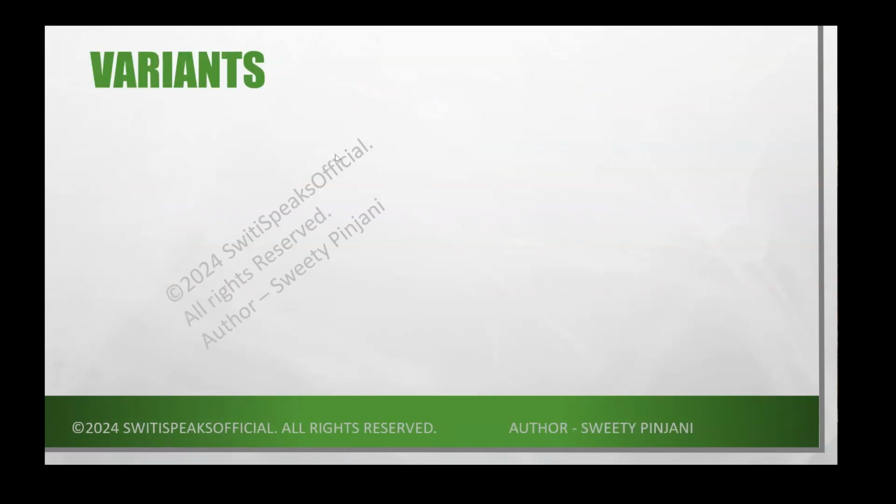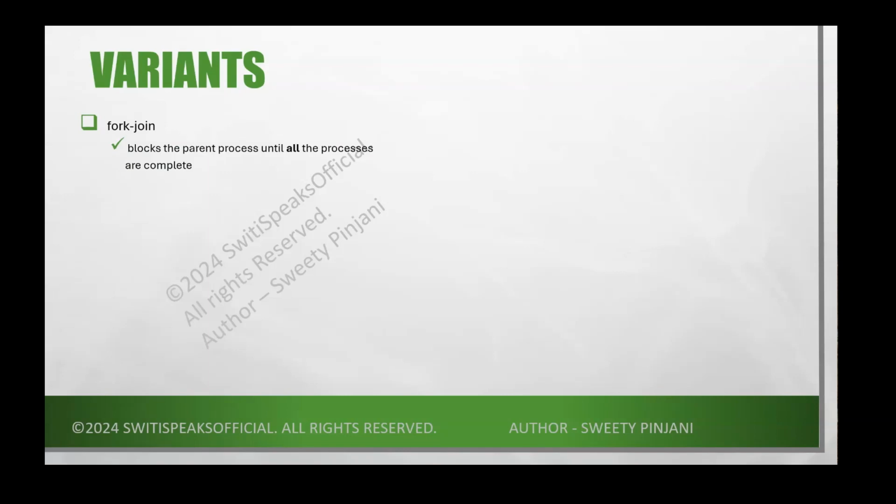Let's see what are the different variants of fork join. The first variant is fork join itself. In fork join, each fork join will be called by a parent process. Say for example, I have an initial begin block in which I am calling fork join. So what is the parent process for fork join?